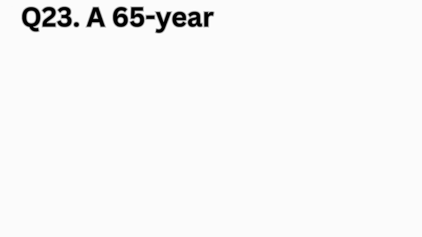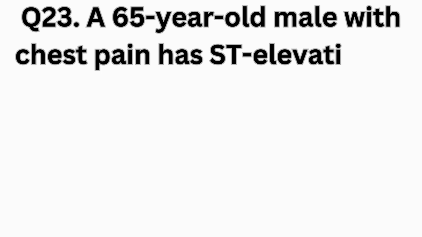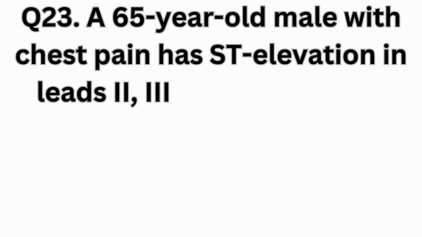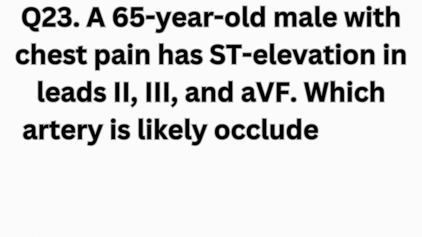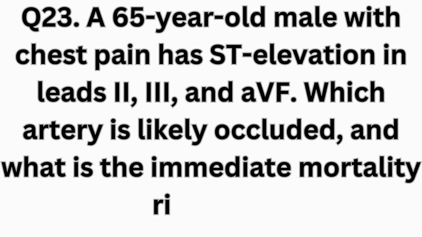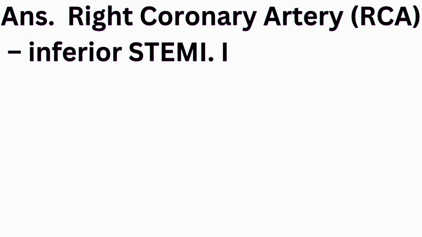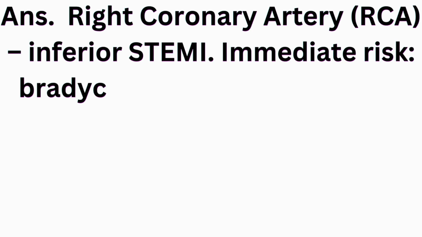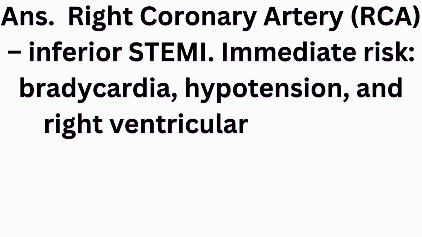Question 23. A 65-year-old male with chest pain has ST elevation in leads 2, 3, and AVF. Which artery is likely occluded? And what is the immediate mortality risk? You may now pause the video and here comes the answer. ST segment elevation in leads 2, 3, and AVF indicates an inferior wall STEMI, ST segment elevation myocardial infarction.